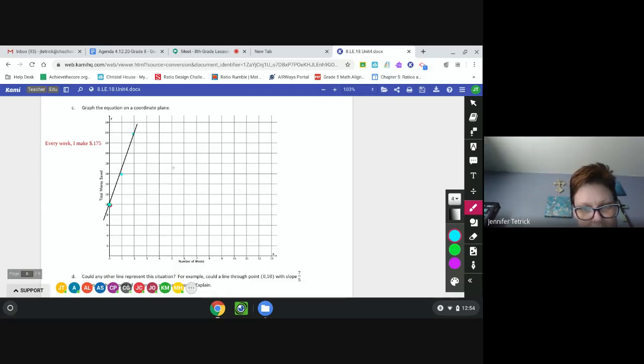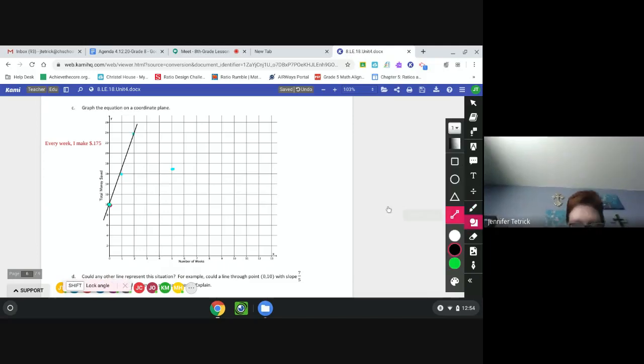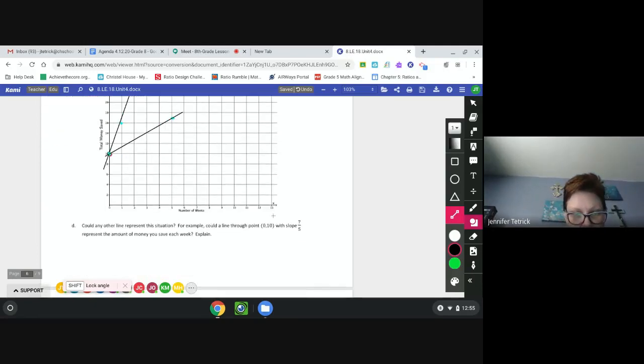I'm going to draw a line here, and I want you guys to look at the question that it's asking. It's asking, would you be able to represent that information with the same amount of money? Would you have the same amount of money each week?